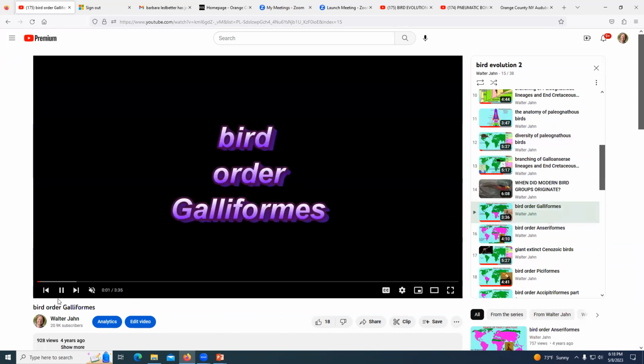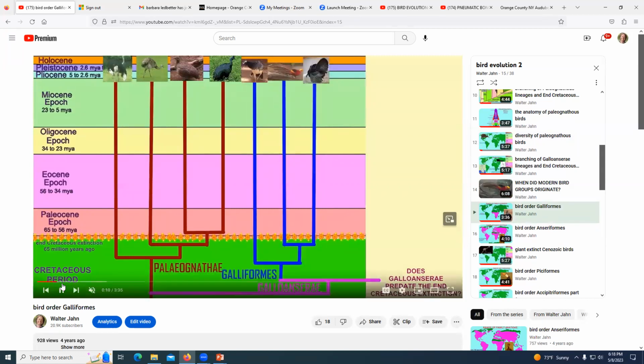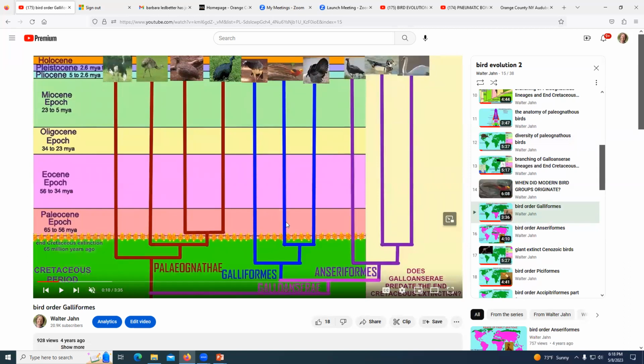Then of the new mouth birds, this was not a thing before people started comparing molecules. In the old days, people just classified birds based on anatomy, and they'd say, oh, let's make primitive birds and advanced birds based on this.